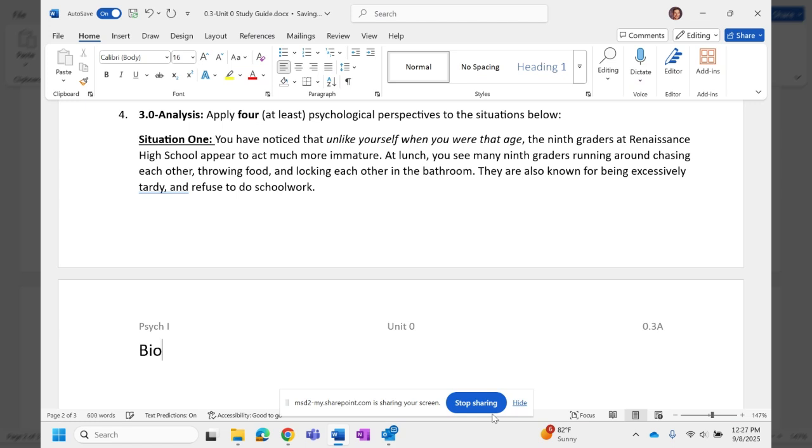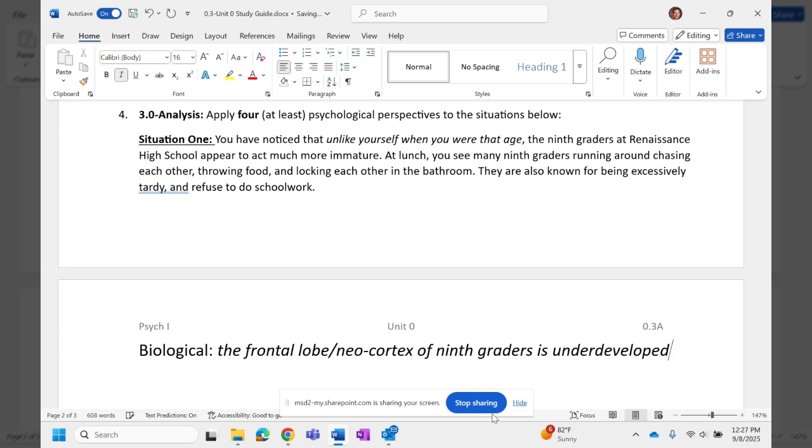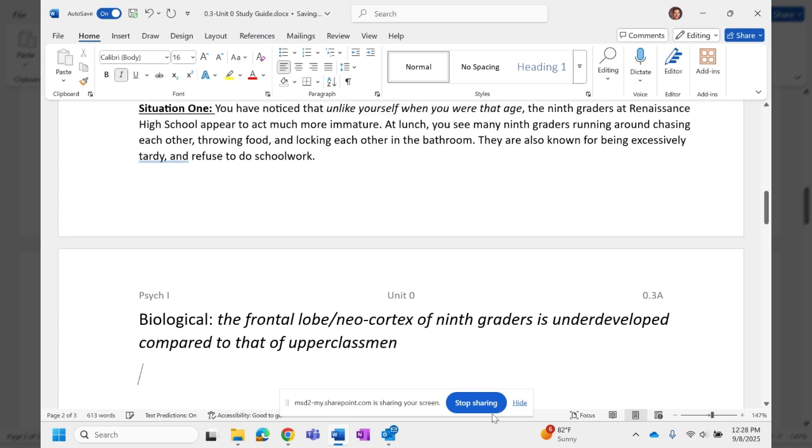Well, biologically, we would say that you don't need to know all the brain parts, but the frontal lobe or cortex of ninth graders is underdeveloped compared to that of upper classmates. There's a look at the brain.